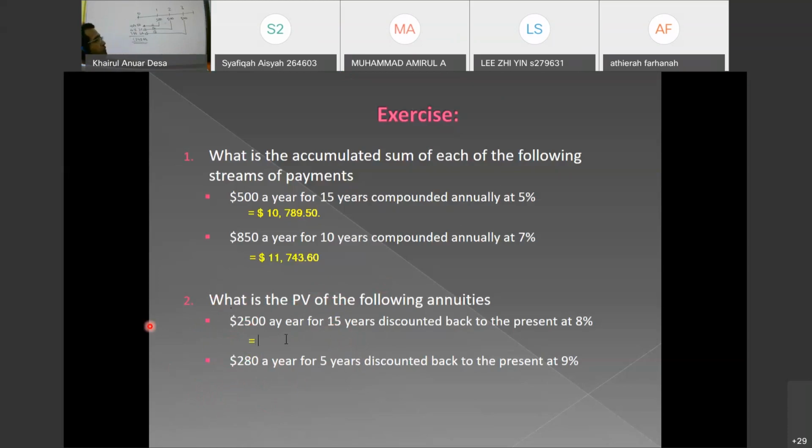Okay. Also, you can use the shortcut formula, or you can use the long formula, or you can use the table as well. Zin. Okay, Zin here is the others.